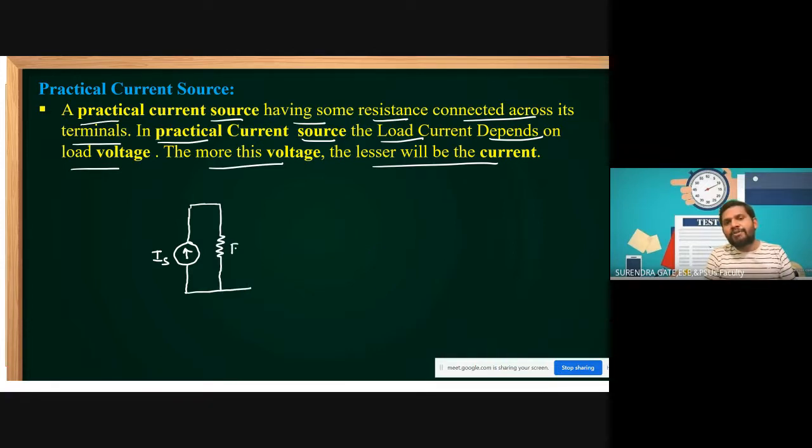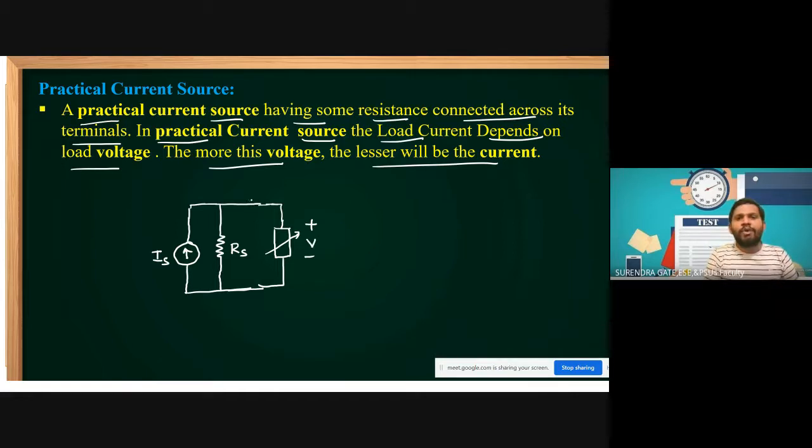Let this be Rs. Across these terminals we connect some load. Let this be a variable load, with voltage plus minus V.